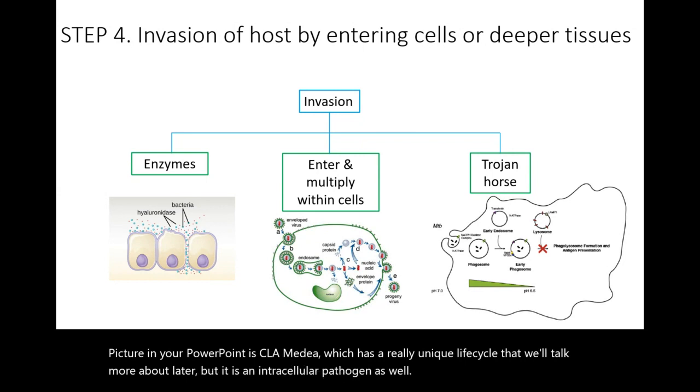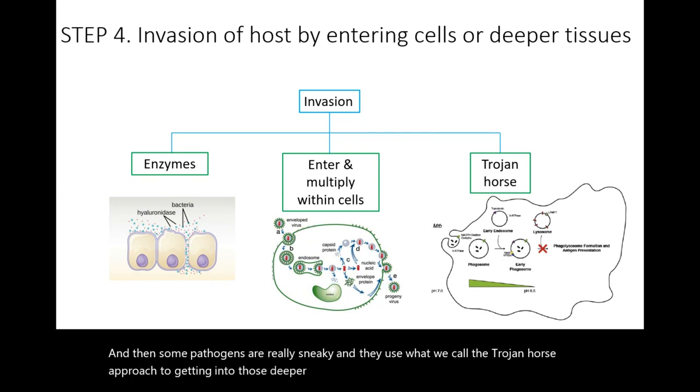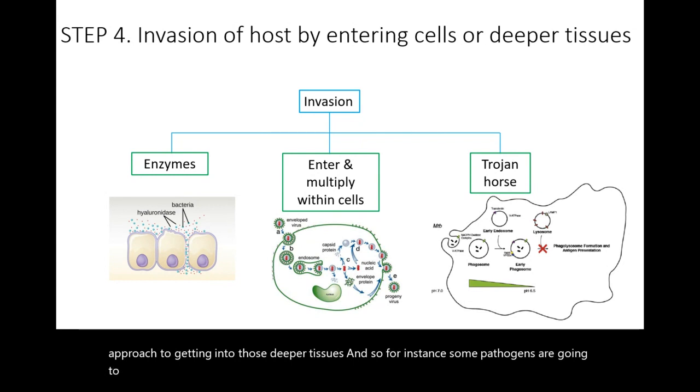Then some pathogens are really sneaky, and they use what we call the Trojan horse approach to getting into those deeper tissues. For instance, some pathogens are going to intentionally be phagocytosed because they are going to be able to avoid digestion.